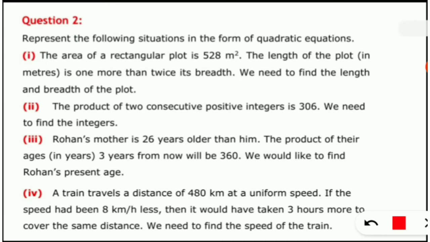Very easy. So students, here the length of the plot is 1 more than twice its breadth.